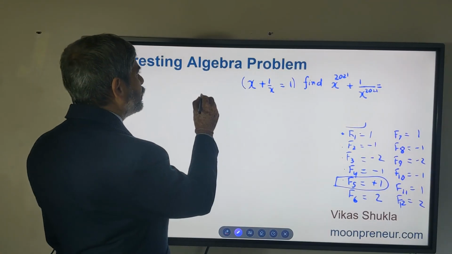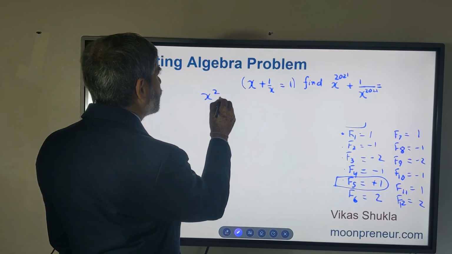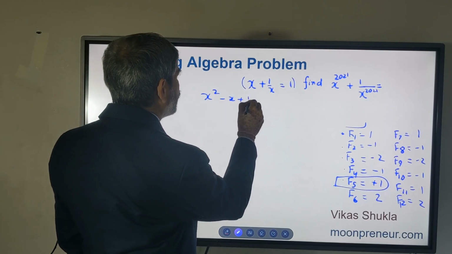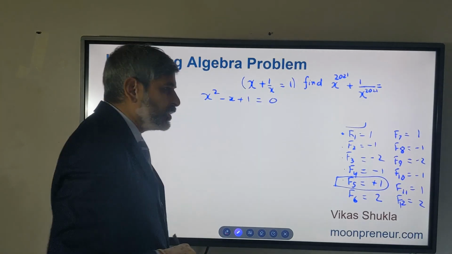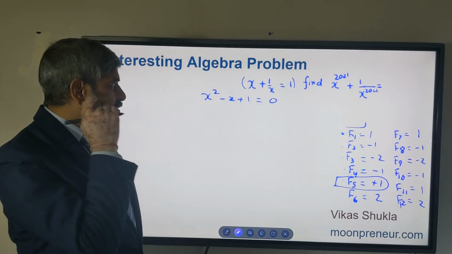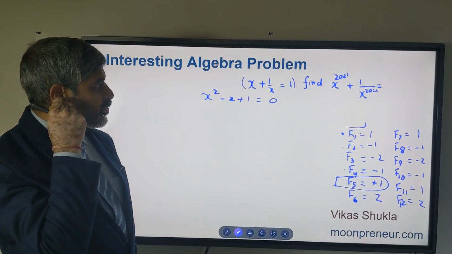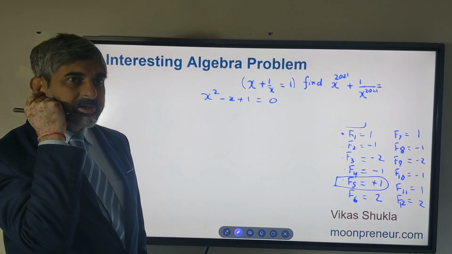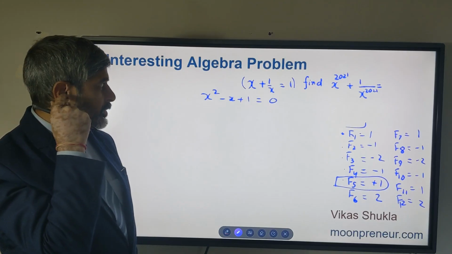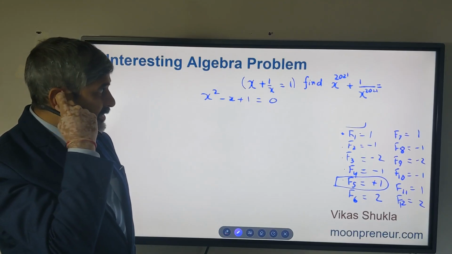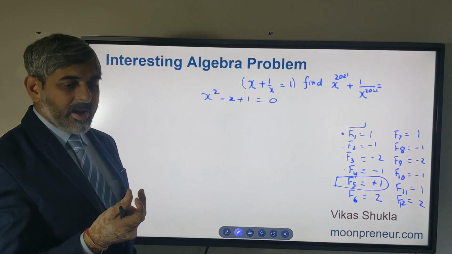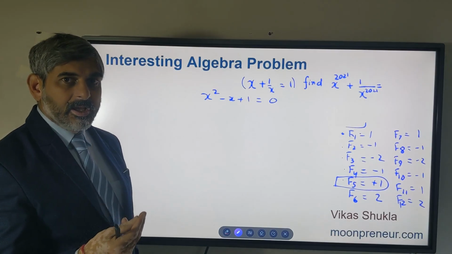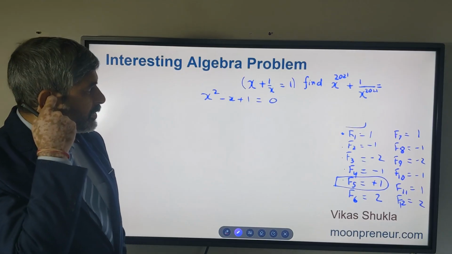So for example, you notice that x square minus x plus 1 is equal to 0, and you can solve it as a quadratic equation where you will get imaginary roots. But our key idea is to see if any higher power of x, we can get some simpler number.